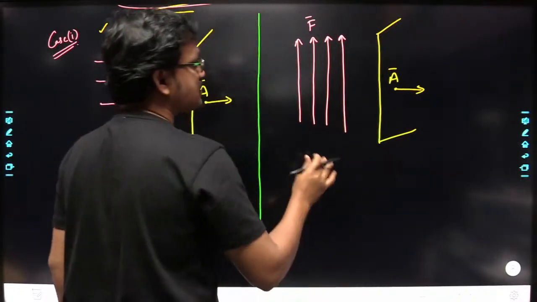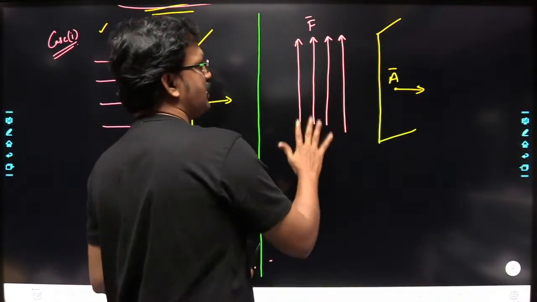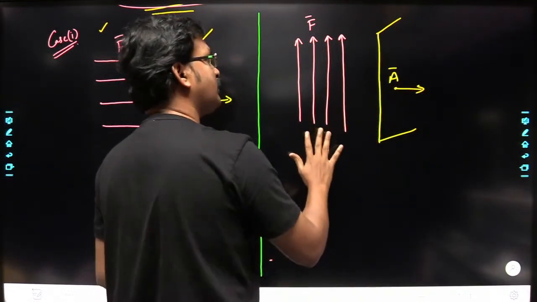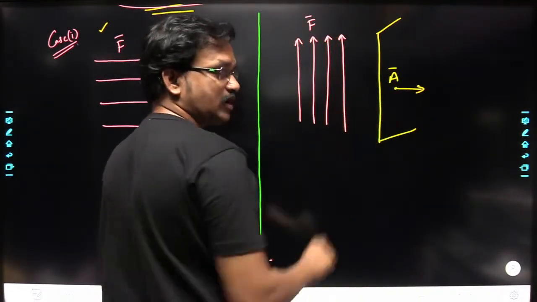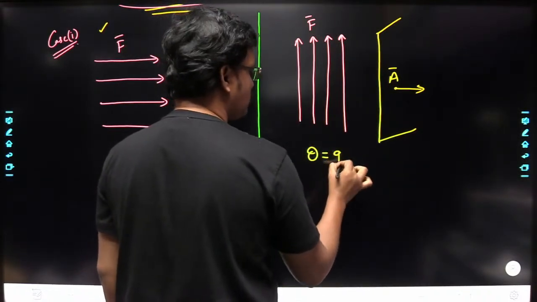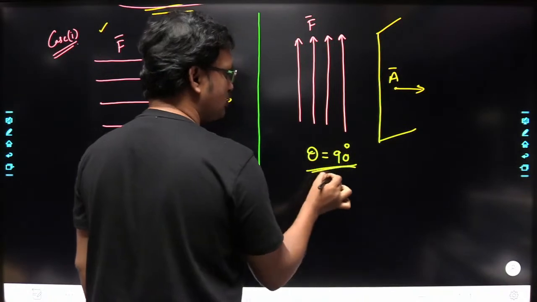Now here, what is the angle between the vector field and the direction of the surface area? What is the angle between f bar and a bar? In this case, theta is equal to 90 degrees.